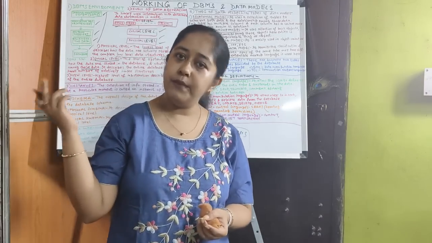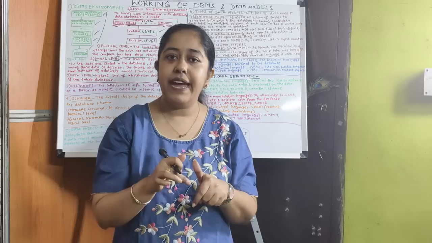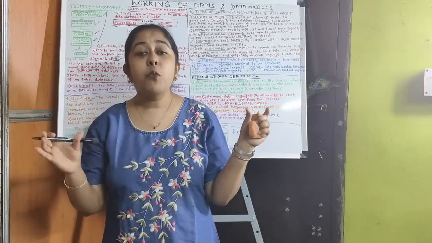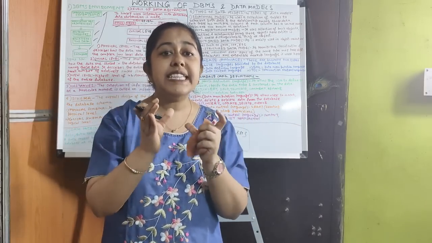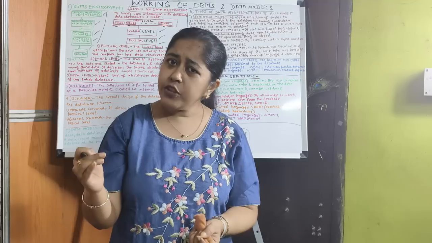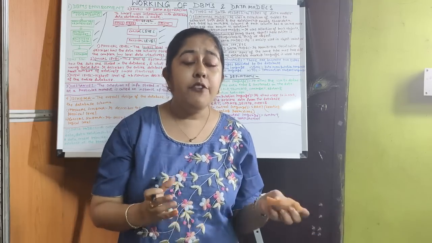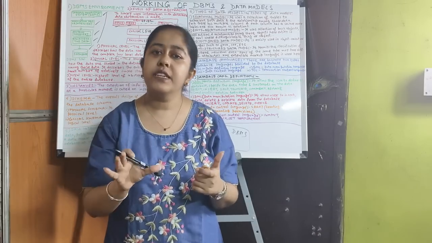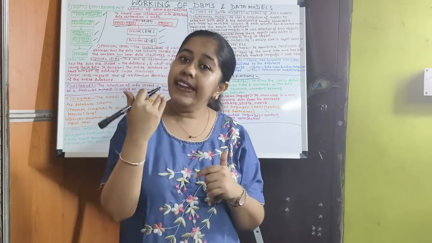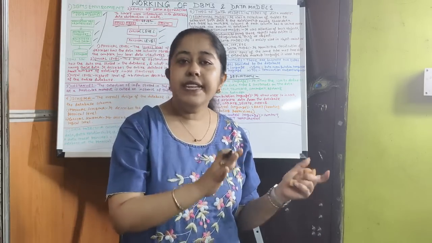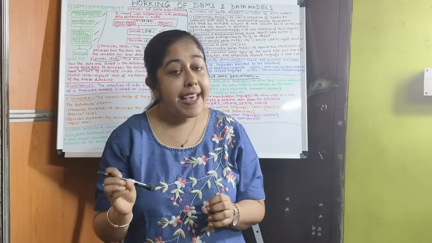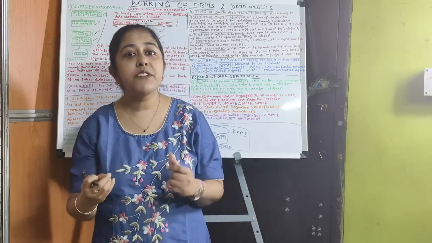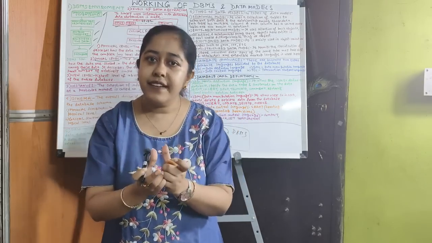As I have told you in the previous class also, in the entity relationship diagram you have seen the relationship between each and every entity. So in the physical level, we see how the data is actually stored in our database. But in the logical level, we will see how the data is stored, as well as the relationship between each and every data.